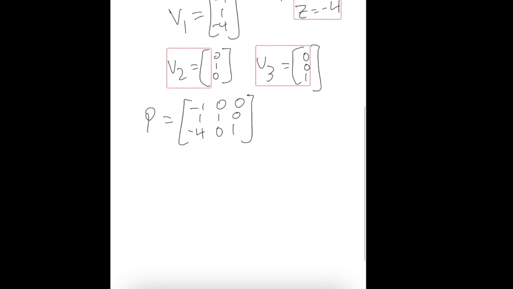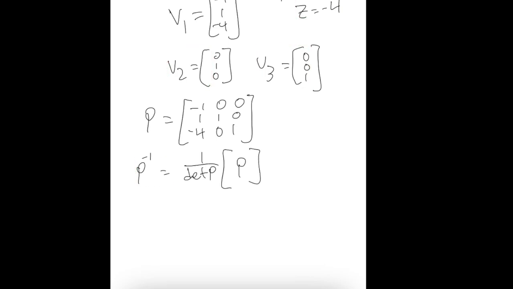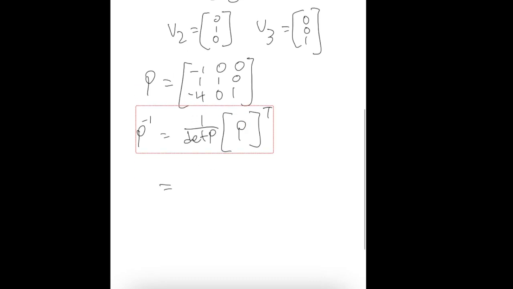Alright, so now we need to find P inverse. Well, we know that P inverse is 1 over the determinant of P times the transpose of P. The determinant of P is just going to be negative 1 times 1 minus 0. So the determinant of P is just negative 1. And this is going to be times the transpose.